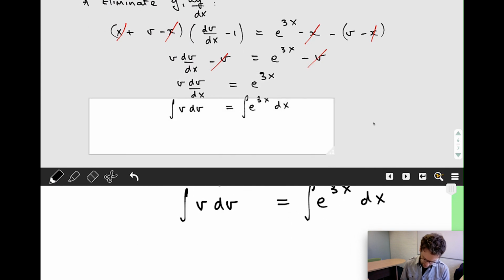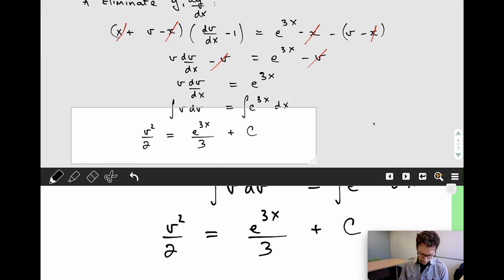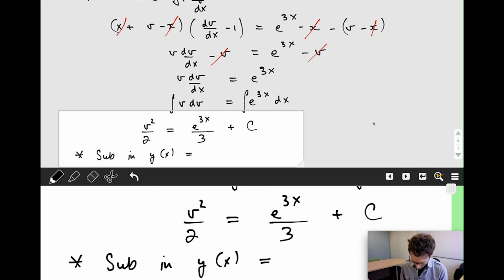So the integral of v is simply v squared over 2. The integral of e^(3x) brings a 3 down onto the bottom, and we have a constant of integration c. Remember, I'm looking for the solution for y, so the last step here is to sub in y of x, which we saw was equal to v minus x.